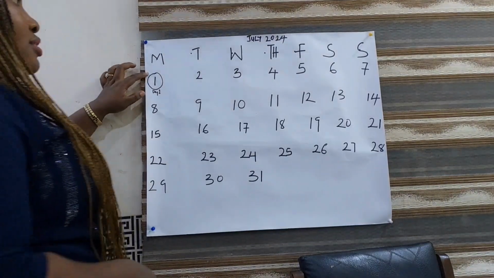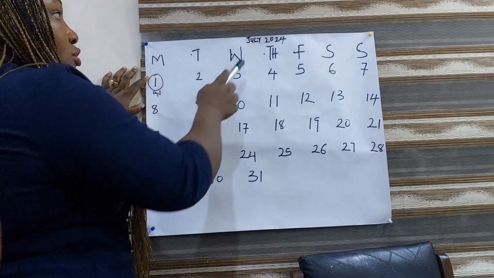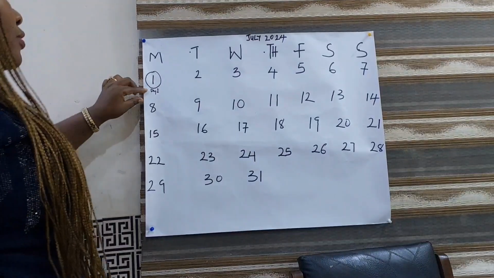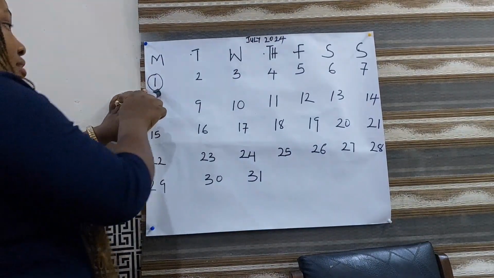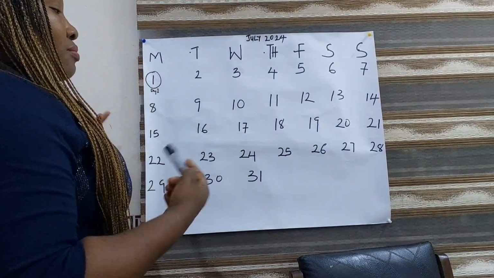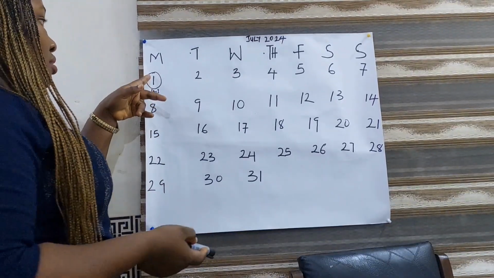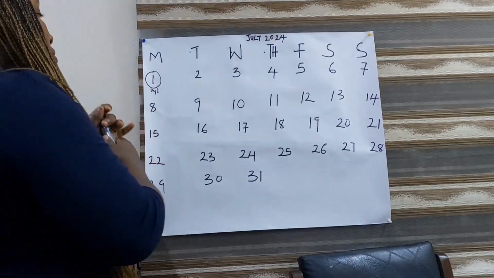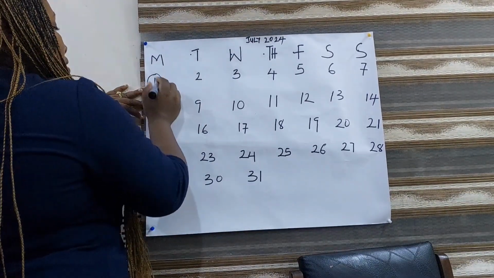So let us take, for example, this month of July 2024. Your period started on Monday, the 1st of July. It must not necessarily be on the 1st, but let us just use the 1st as the first day of your period. So already I've circled day 1.